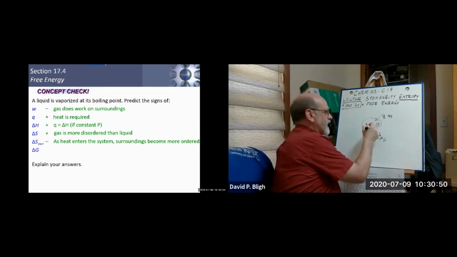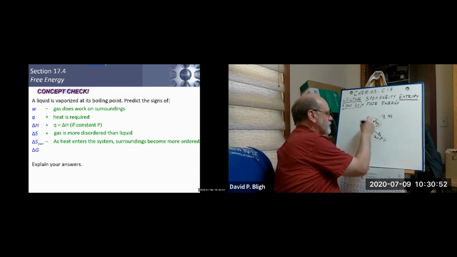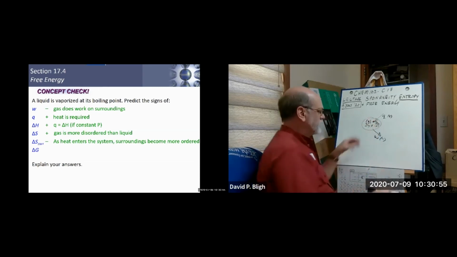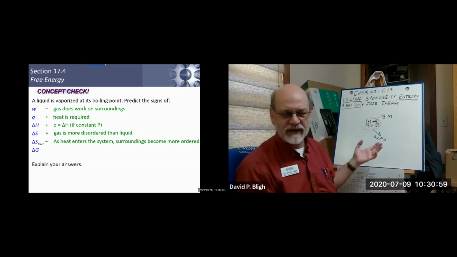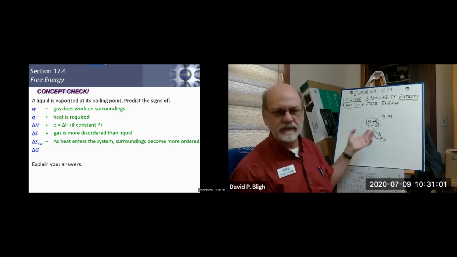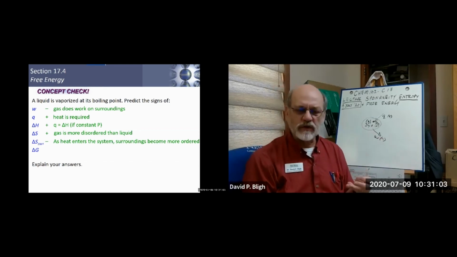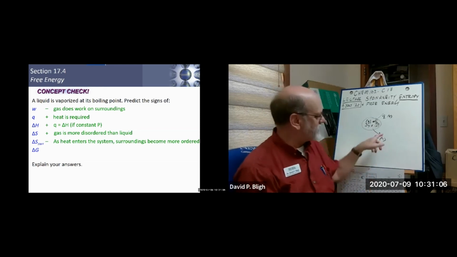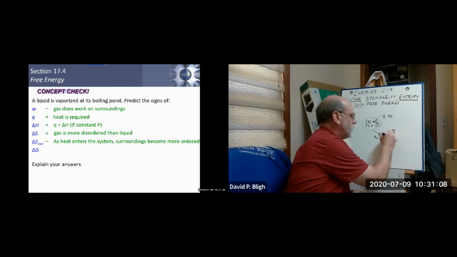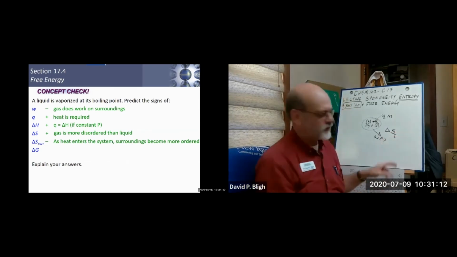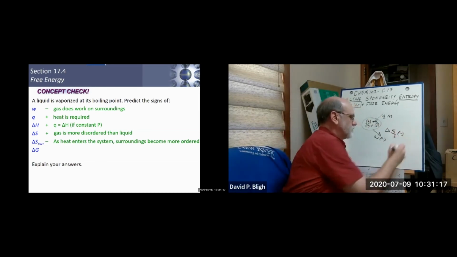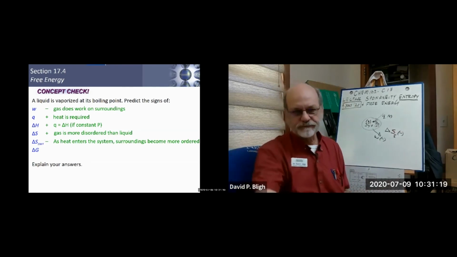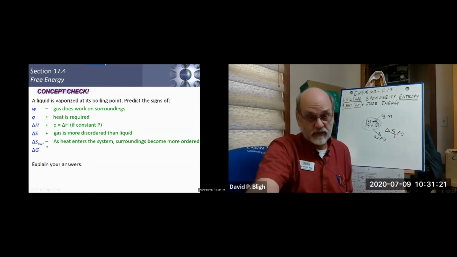Here we're saying that this is converting to gas in the system, and the surroundings, in order to make that happen, have to transfer heat into the system. So, in effect, what we're doing is we're decreasing the entropy of the surroundings. They're decreasing. Okay, that's where that term comes from.